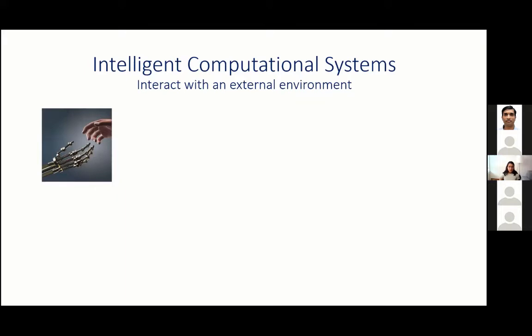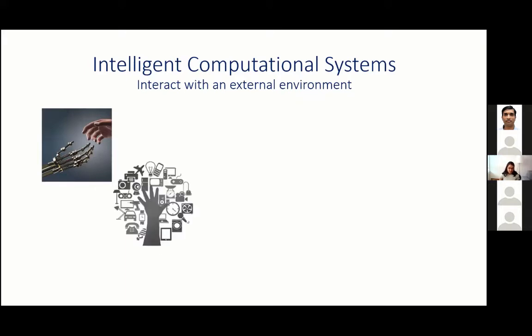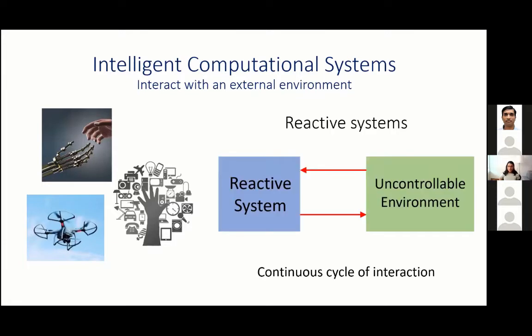We could have smart IoT devices, such as a smart thermostat that interacts with a temperature sensor, an AC, a heater, in order to maintain ambient temperature, and so on and so forth. So as complex as these systems may seem, in reality, they are really a reactive system, which interacts with an uncontrollable external environment.